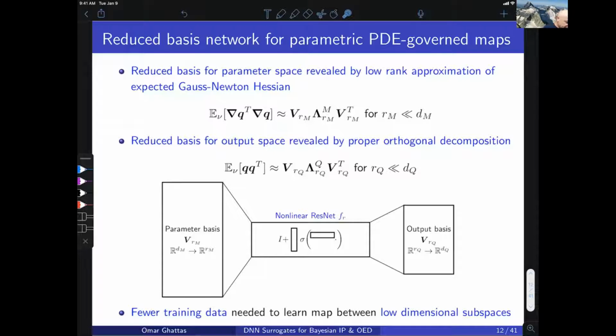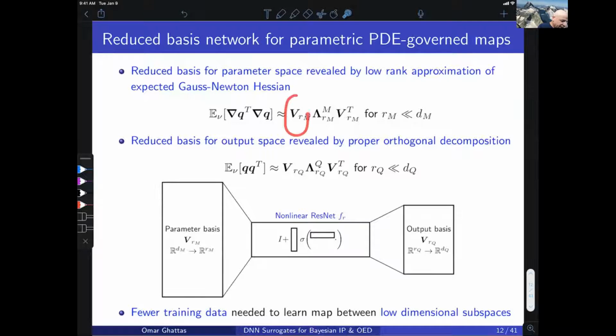The way this is done is through what might be called a vector form of active subspace, or an expectation of the Gauss-Newton Hessian. This is the Jacobian of the parameter to observable map. So Jacobian transpose Jacobian, that's the Gauss-Newton Hessian. We compute its expectation over parameter space, and then we do a truncated spectral decomposition.